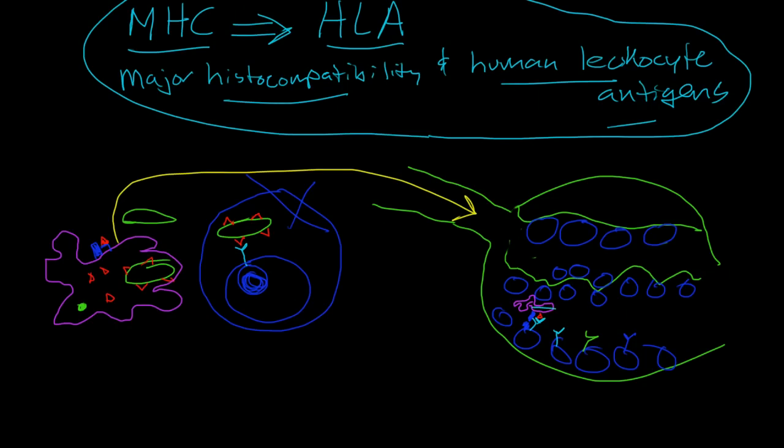And it's only the combination of this connection that will activate the B cell and activate it to divide itself into many B cells, memory B cells and plasma cells, right? And the exact same process occurs with T cells as well.